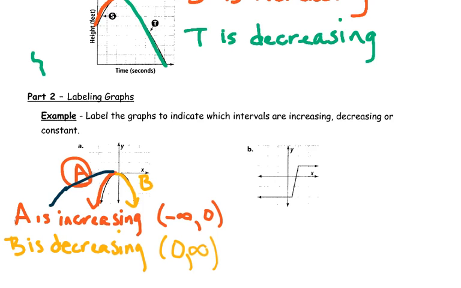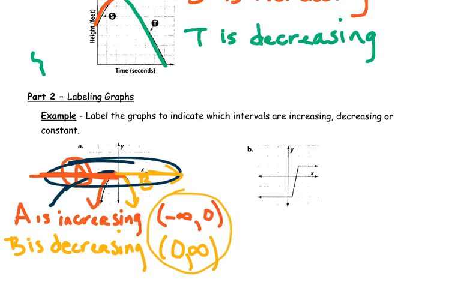Remember, we're talking about the x-axis where the graph is increasing and decreasing. So it's increasing everywhere over here, and it's decreasing everywhere over here. And that's what my answer right there is telling us.